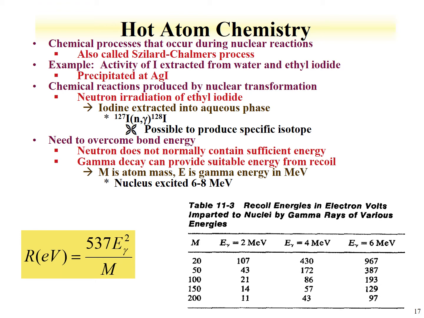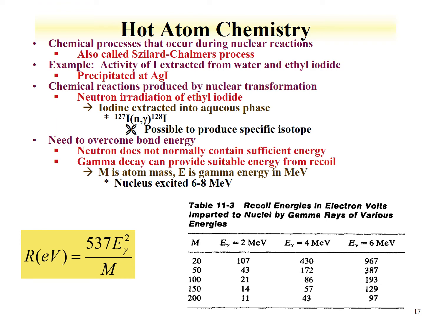An example of hot atom chemistry is the activation of iodine and extraction of that activated iodine from water and ethyl iodide. In this case, ethyl iodide can be irradiated in a nuclear reactor. The iodine-127, the stable isotope, remains as part of the ethyl iodide.